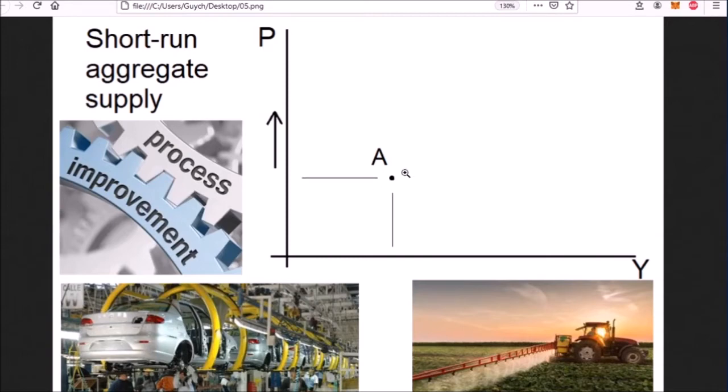So this point A is going to move to the upside, but it's also going to move to the right, because as prices are rising and the costs of production are fixed, producers, both manufacturing and agricultural, can increase their profits if they increase the quantity produced.